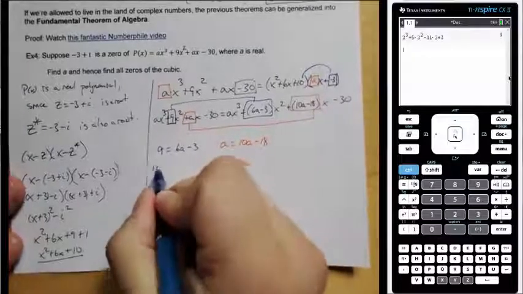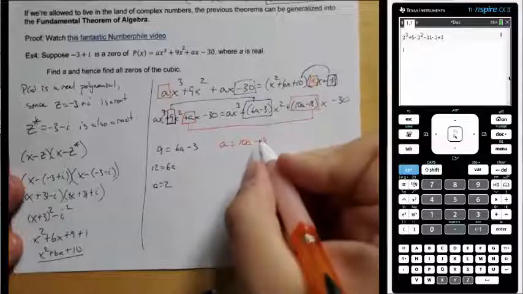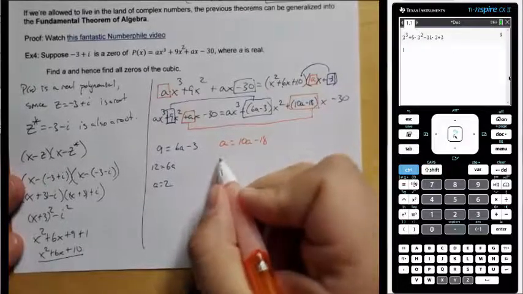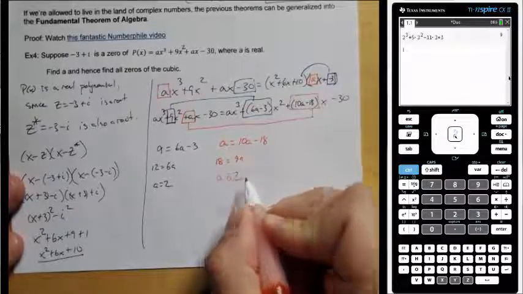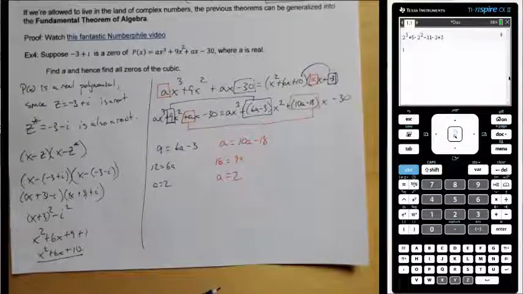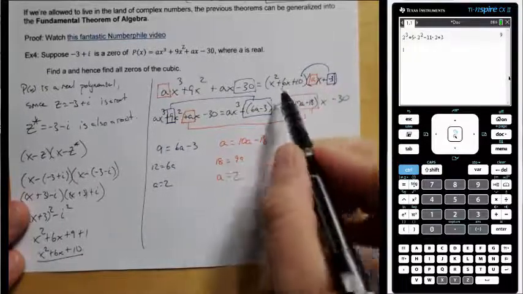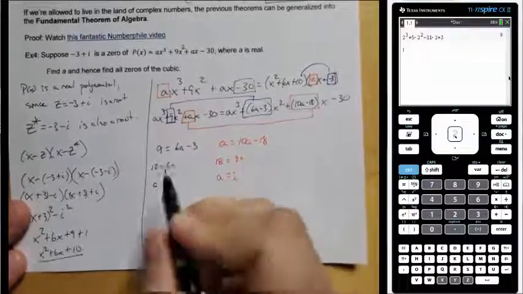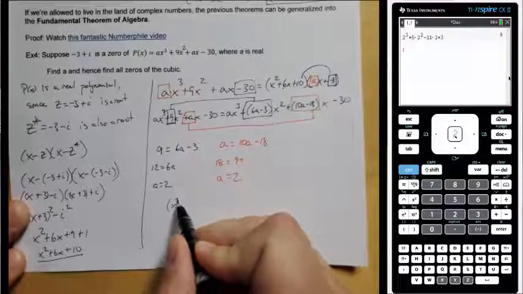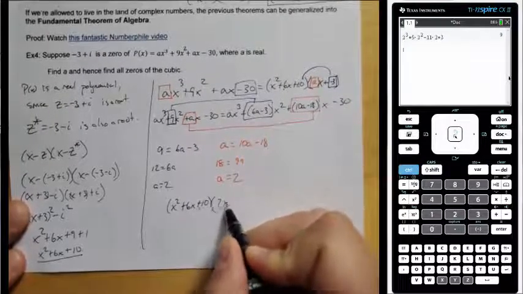Solve both of those. 12 equals 6a, so a equals 2, or 18 equals 9a, so a equals 2. Unsurprisingly, they better both be the same. That means we're almost there. My original polynomial factors to the following: x squared plus 6x plus 10 times 2x minus 3.